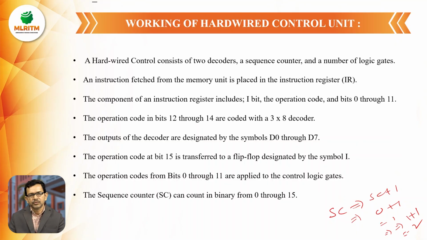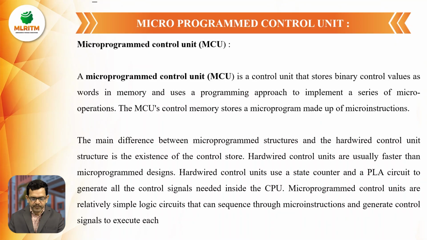After that, it goes to the sequence counter, which gives the count of the bits in the register. Finally, all these are linked as inputs to the control logic gate, which executes the instruction and sends the output to the instruction register. This is the process we follow with the hardwired control unit.